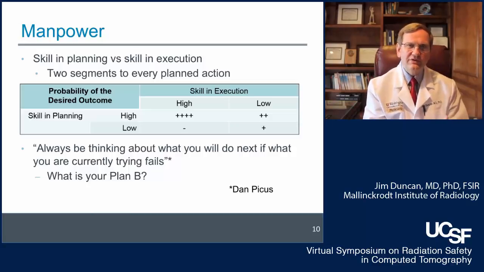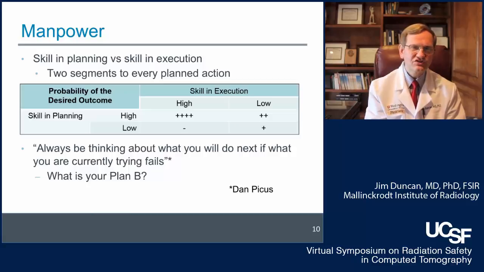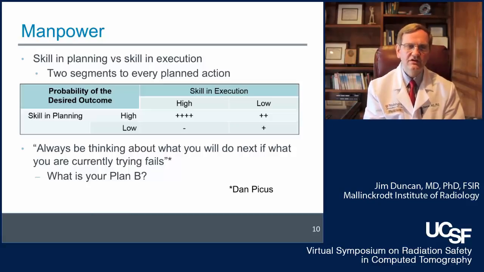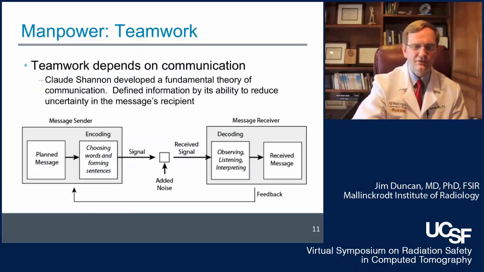And when you formulate plan B, you're actually thinking about how to monitor the success of plan A, and what criteria you're going to use to change to a different type of catheter, to change to a different guide wire, change your access, do something else to change the circumstances so that you can proceed. And again, it emphasizes the importance of planning in procedure outcomes, and especially with radiation use.